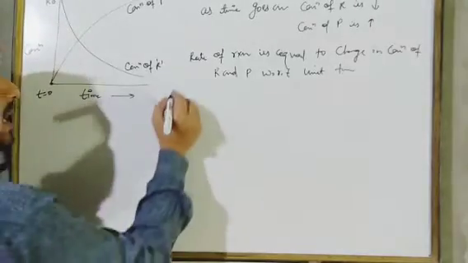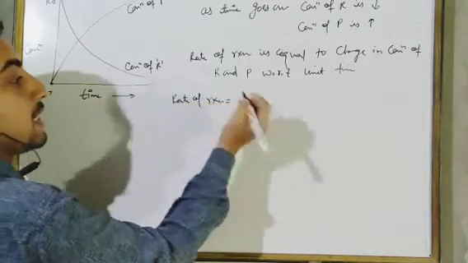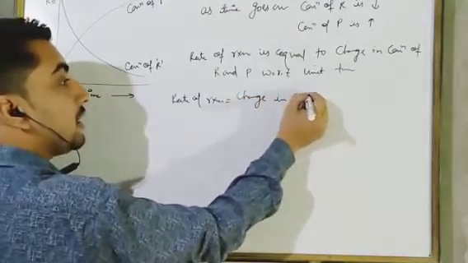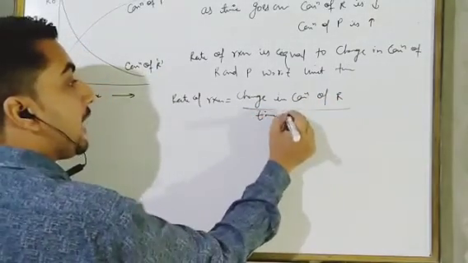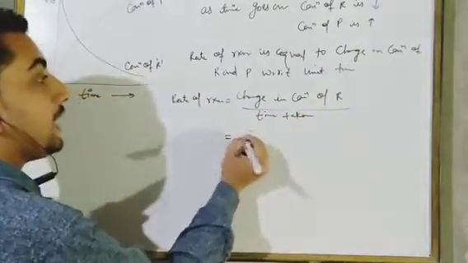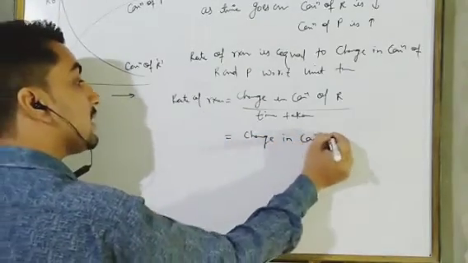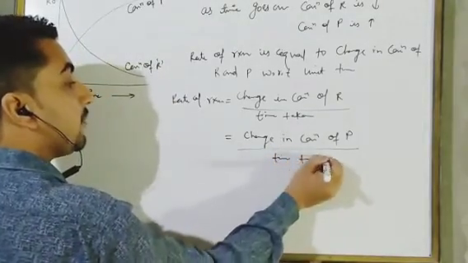We can write it as rate of reaction equal to change in concentration of reactant upon time taken, or change in concentration of product upon time taken.